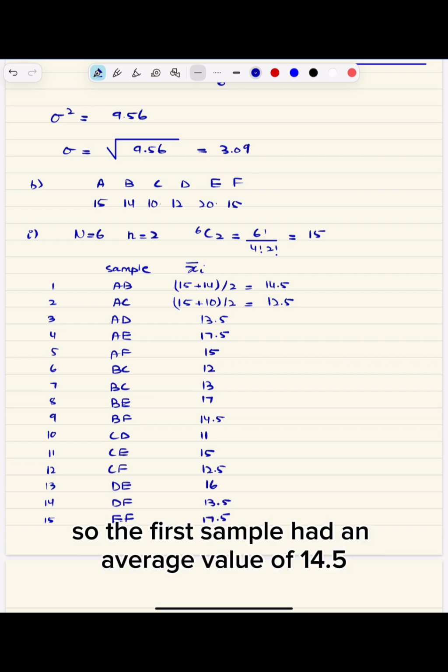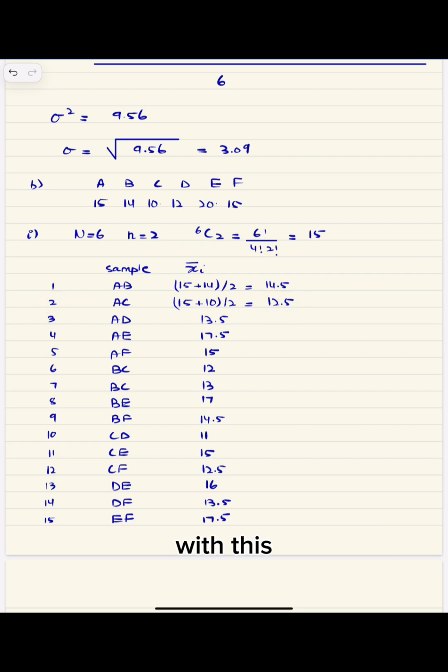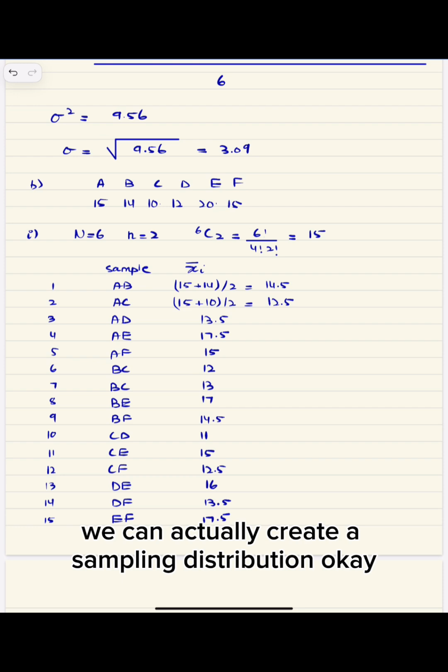So the first sample had an average value of 14.5. The second sample had an average value of 12.5, and with this we can actually create a sampling distribution.